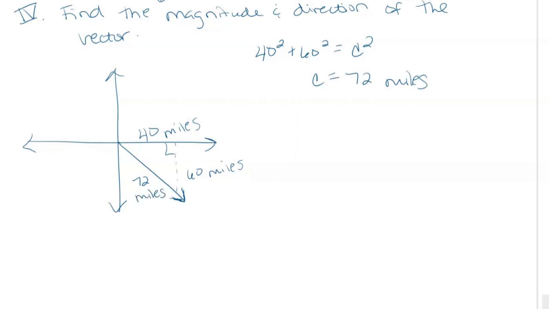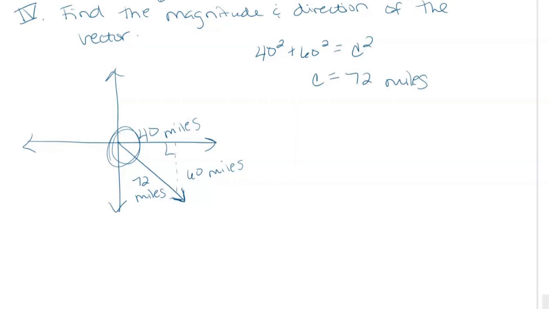Okay, but we also need the direction. So we're going to use those compass directions, which involve not only orienting ourselves with the axes, but also notice we're missing the angle here. So this is where we're going to have to use those trigonometric inverses that we learned earlier in order to be able to find it.